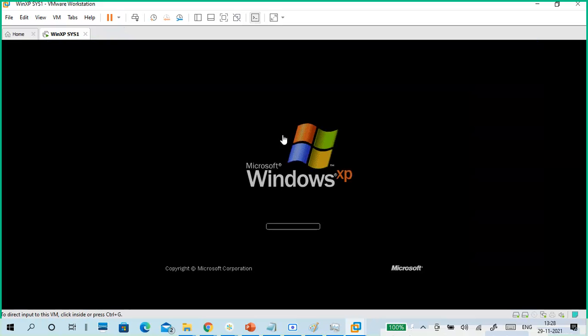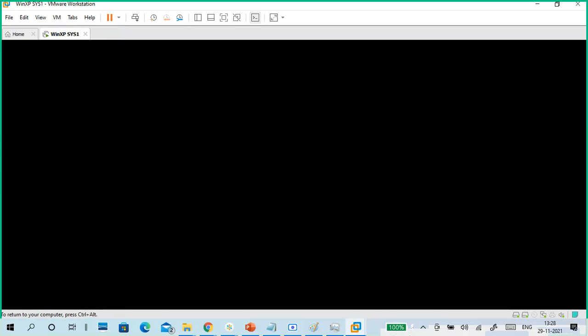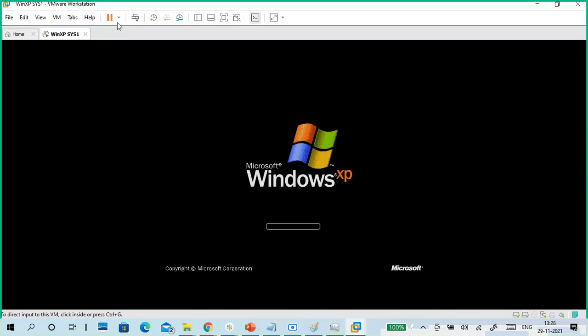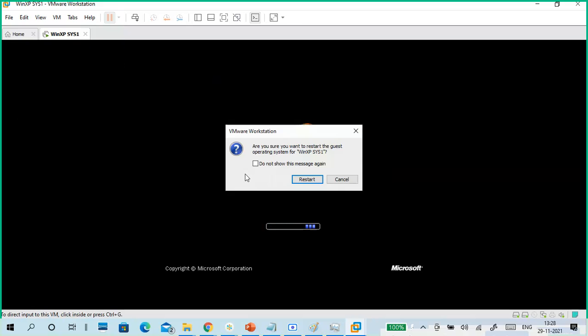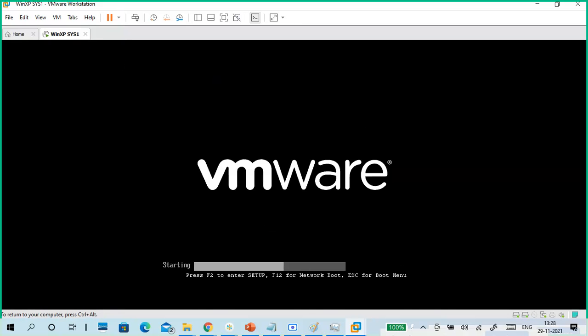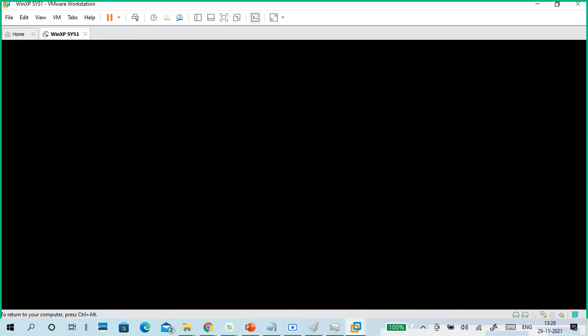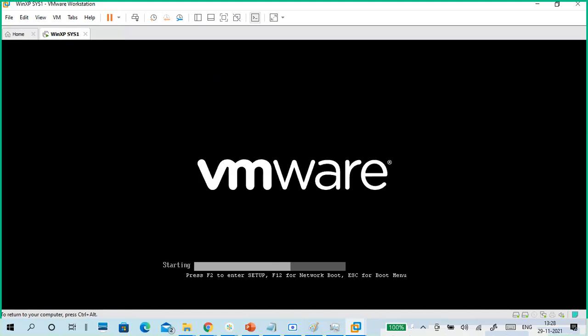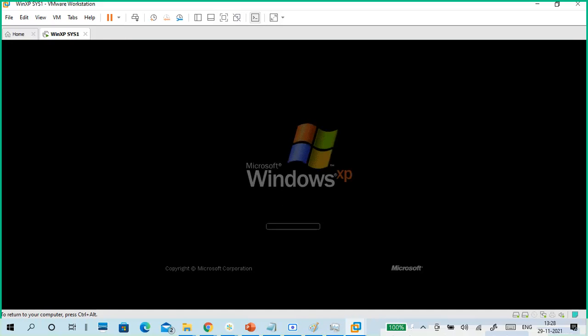When you start, it's a faster boot system. Because it's XP, right? See, if you see the bottom, you press F2 to setup, escape to boot menu, F12 to network boot. Yeah.